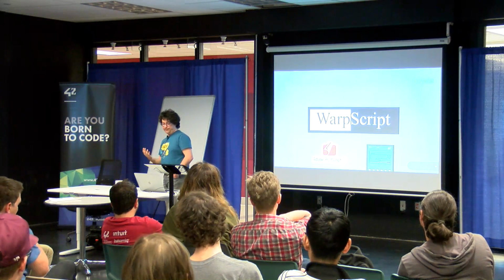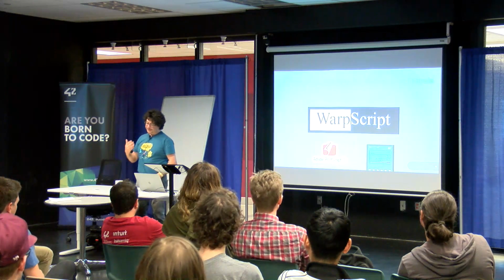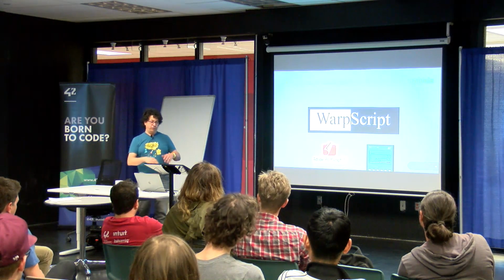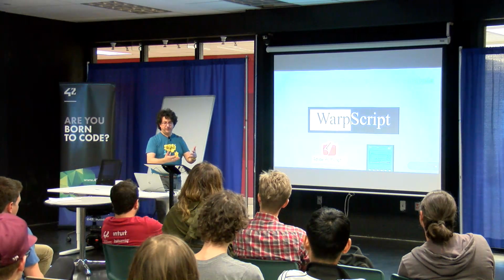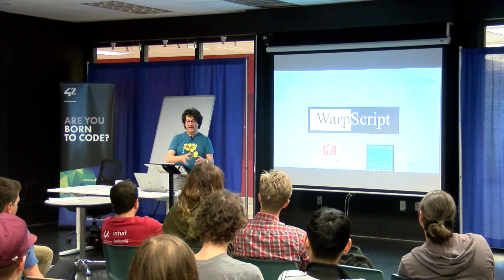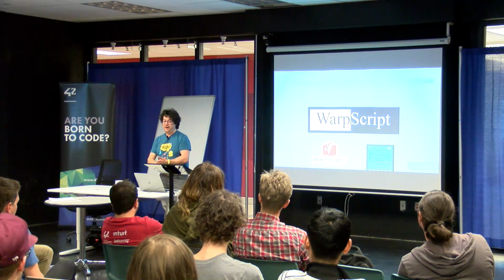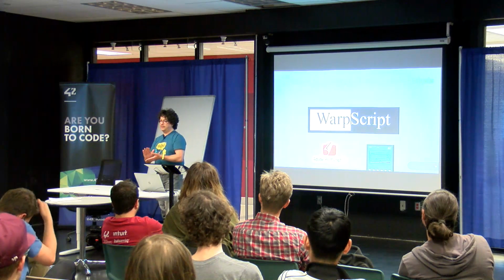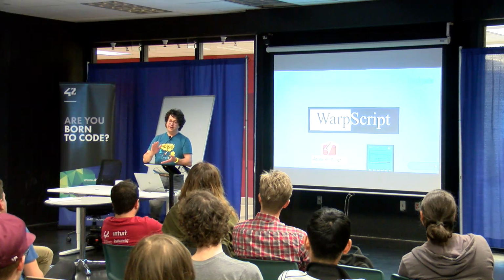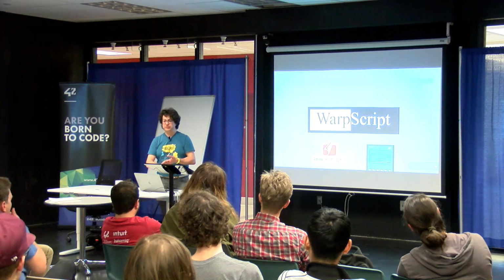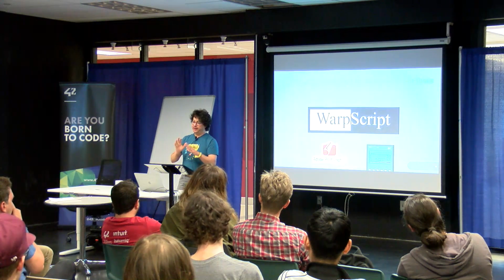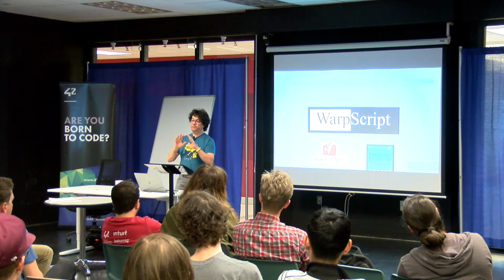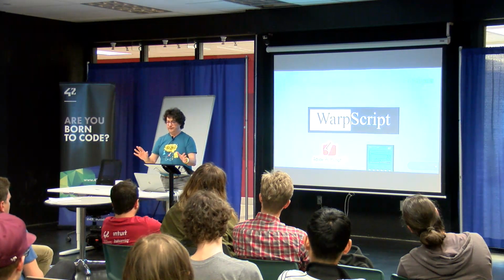So WarpScript is a stack-based language. Basically, you push stuff on the stack, you execute functions, they modify the stack, and you pass on to the next function. It's dedicated to series analysis and geo time series analysis, which means that we have a whole bunch of functions that are tailor-made to render things simpler with that kind of data, right?